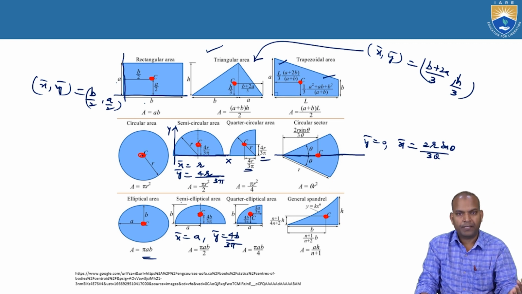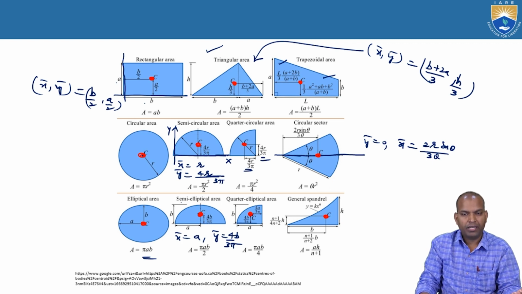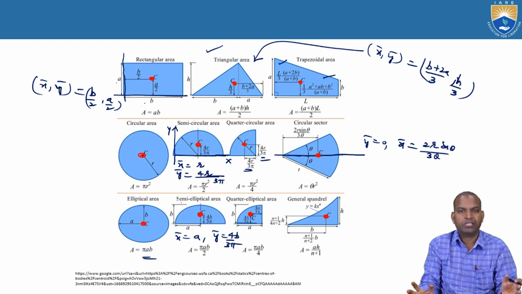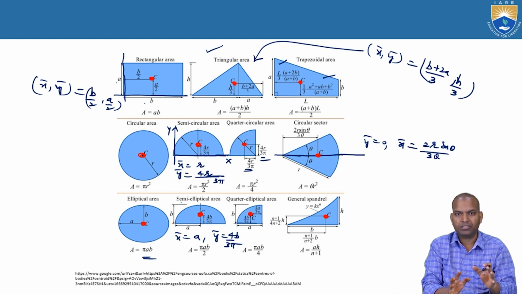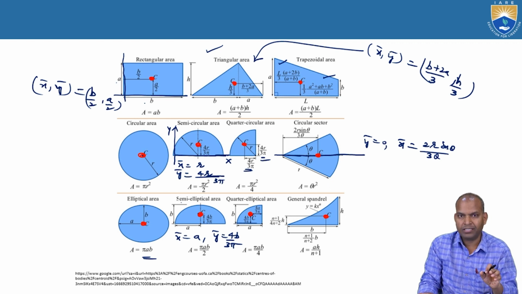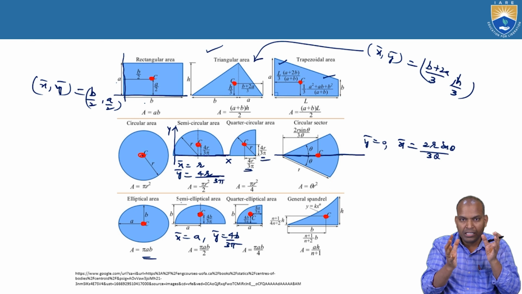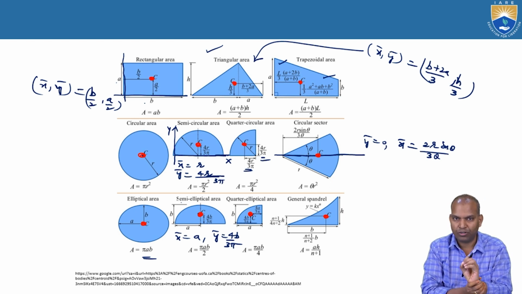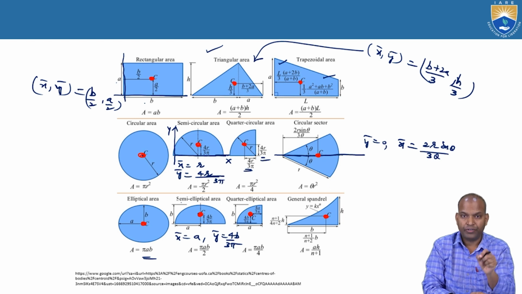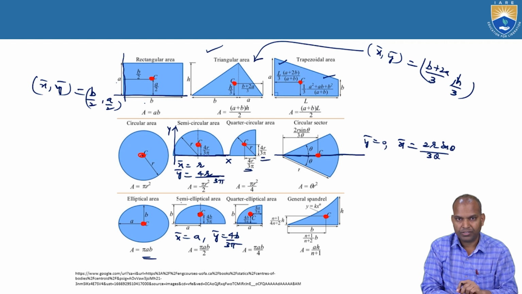Now practically, we have to find the centroid of composite bodies with different cross sections, having various geometries. If they are attached as a single object, what is the center of gravity for that body? For that, we understand these basics, the simple plane figures.